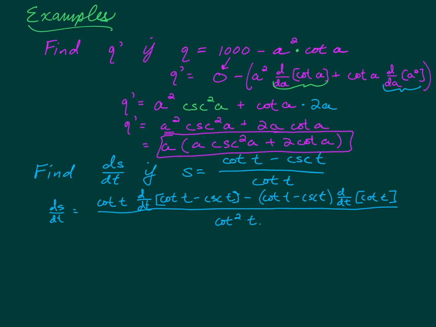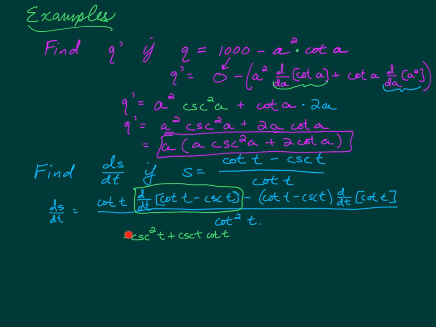We have to find the derivatives of these little pieces now. So the derivative of cotangent t minus cosecant t ends up becoming negative cosecant squared t plus cosecant t cotangent t. And that's because when you take the derivative of a cotangent and the derivative of a cosecant, you'll get a negative answer.